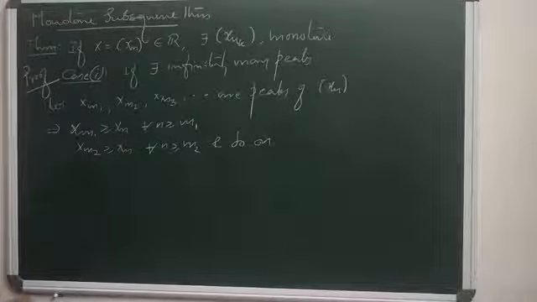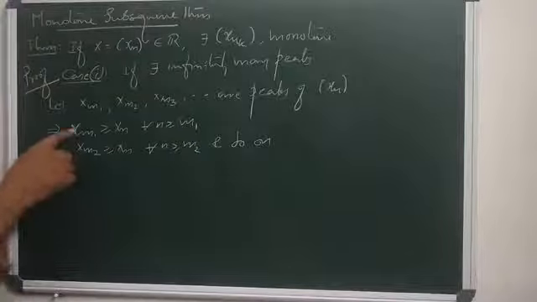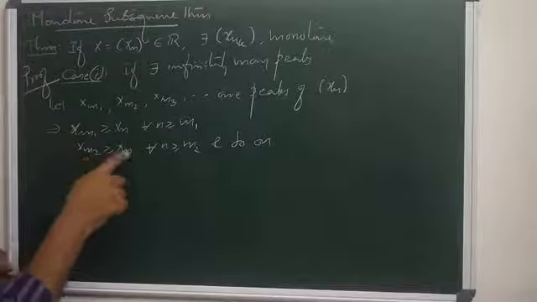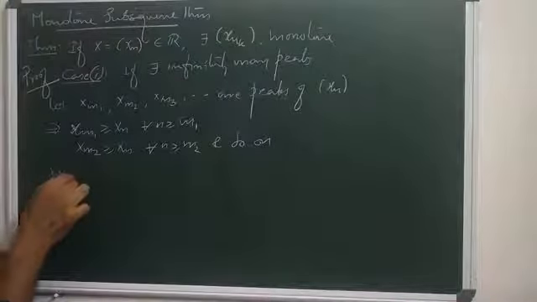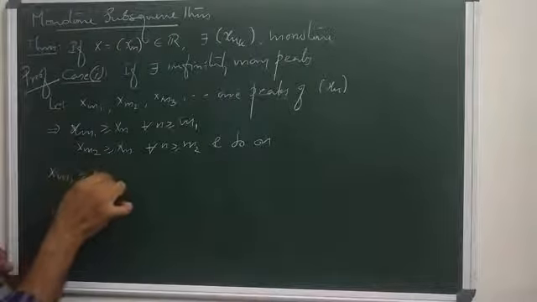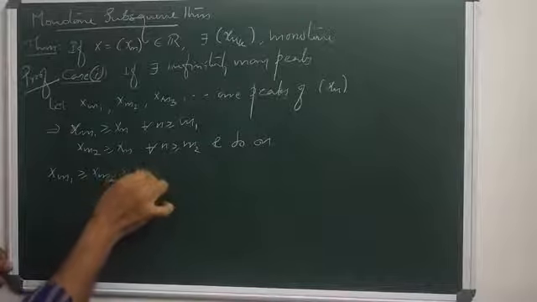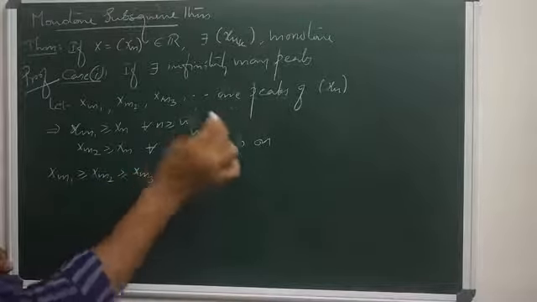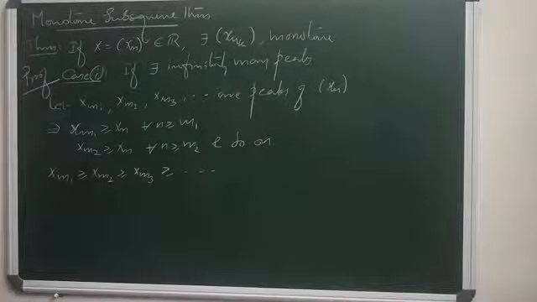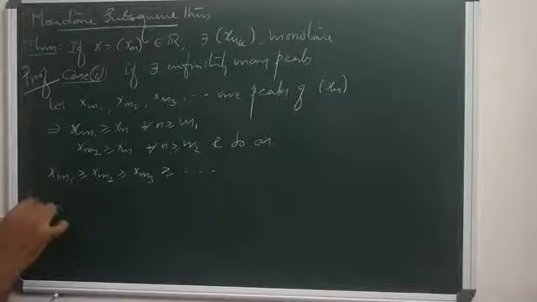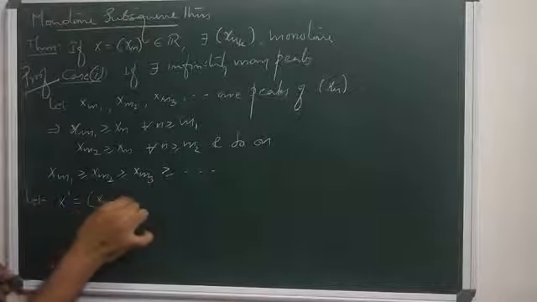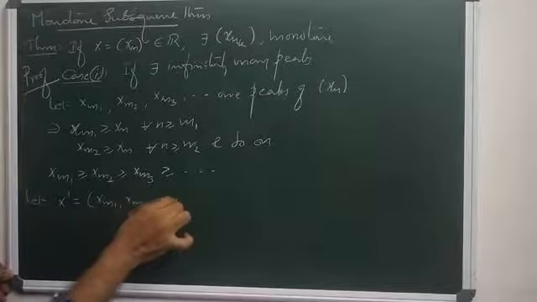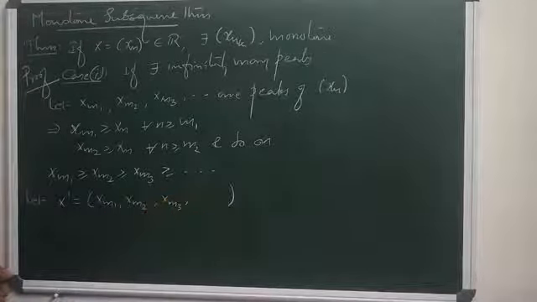What happens there? Clearly, since xm1 is greater than or equal to xn and xm2 is greater than or equal to xn, these are the peaks. So clearly we have xm1 greater than or equal to xm2, greater than or equal to xm3, greater than or equal to, and so on. Let x dash be the sequence xm1, xm2, xm3, and so on.